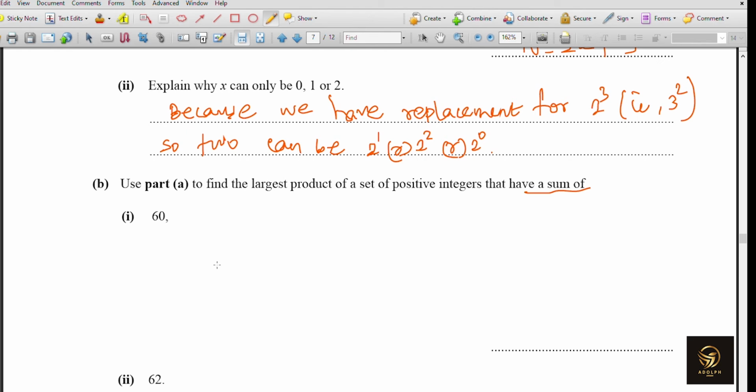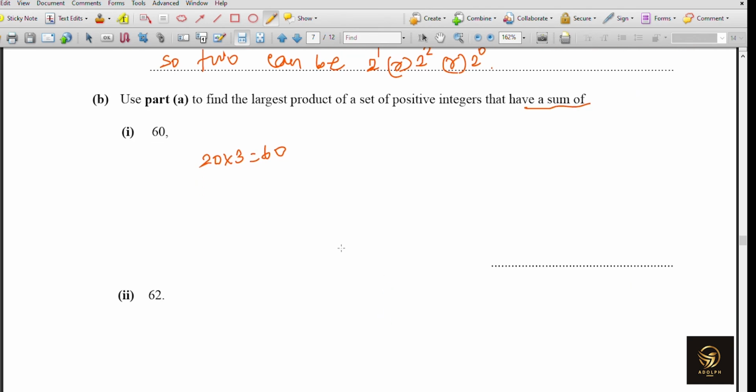But we know clearly that 60 is a multiple of 3: 20 times 3 is giving the answer 60. So 3 power 20 is going to be the answer, into 2 power 0, because there is no 2 in it, everything has been taken by 3 itself.